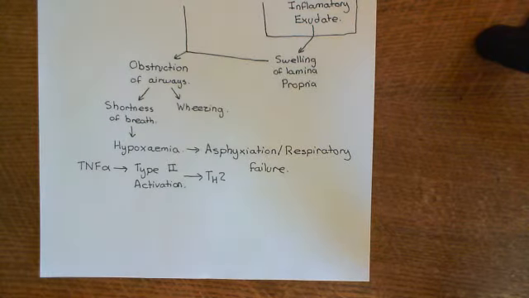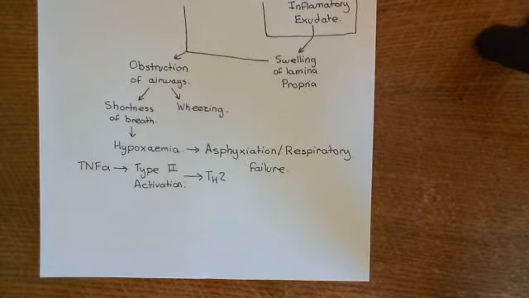Now, yes, there will be memory T cells, and those could be activated again by an antigen presenting cell taking the allergen to them and then activating them to become T helper 0 cells and then differentiate into T helper 2 cells. However, that would take longer than we have, so we don't know where these T helper 2 cells come from, and it does seem to be a bit of a mystery.